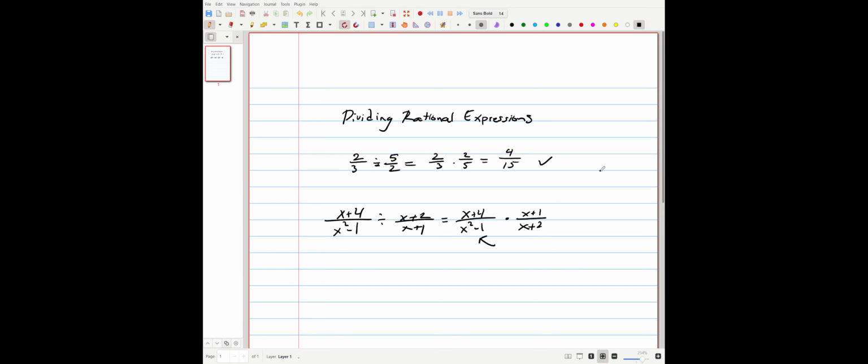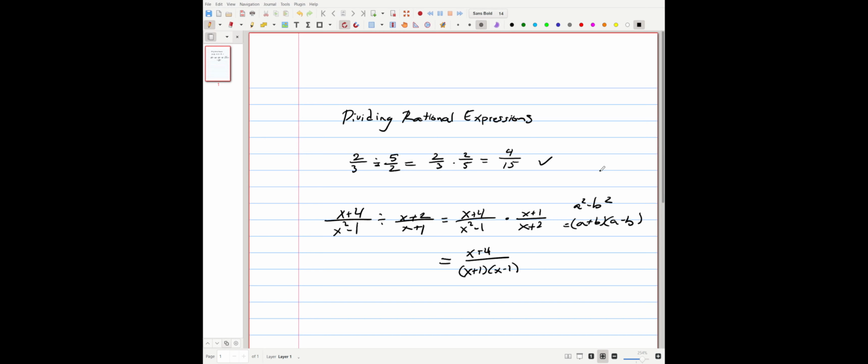If you look here, you'll see a pattern that you should recognize: the difference of squares. We know that a squared minus b squared factors into (a + b)(a − b), essentially conjugate pairs, so x plus 1 times x minus 1.